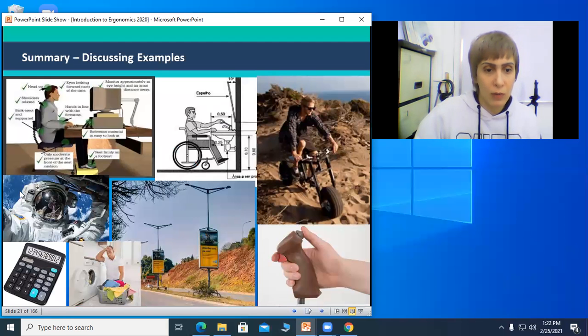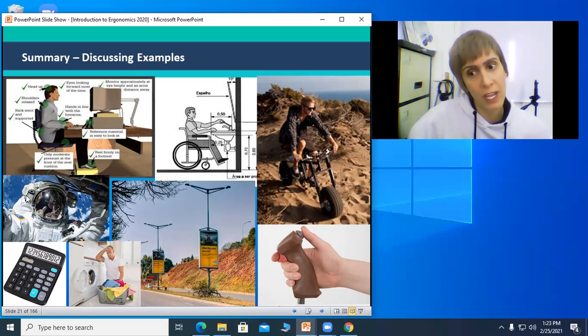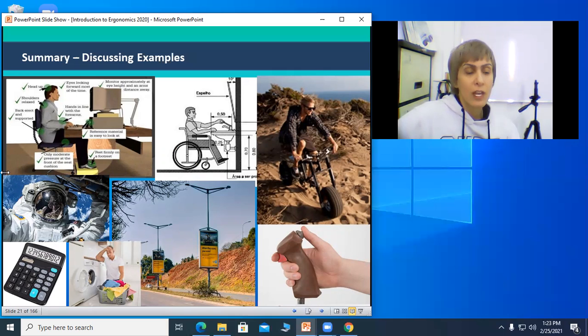So let's see, what do we have here? Look at this, for example, the space suit design, okay? Now, why is it designed in this way? Why is it designed in this manner, with these materials, with this shape, with all of these things?